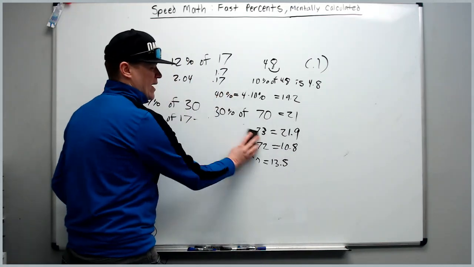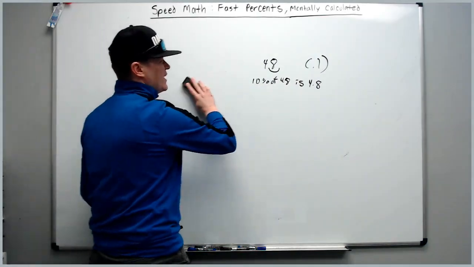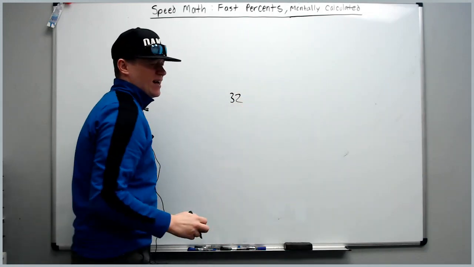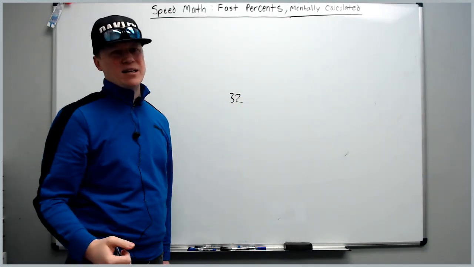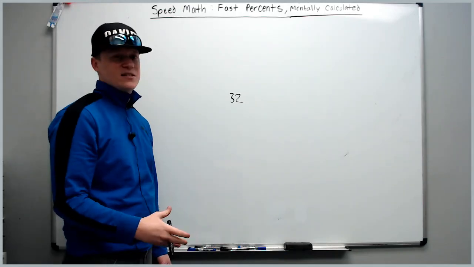Here are ways that you can practice your percents to quickly utilize them. If you're taking a test in school and there's 32 questions, I don't know about you, but the number one question I always want to know on a test is how many can I get wrong and still get an A, which for many good students is the only acceptable grade.